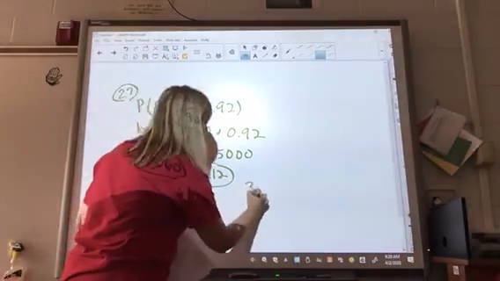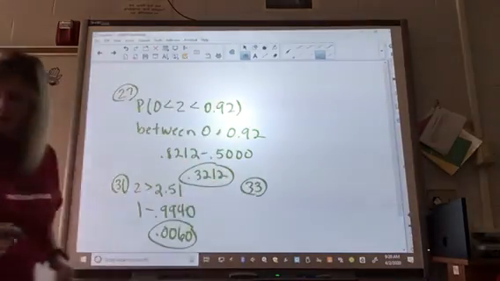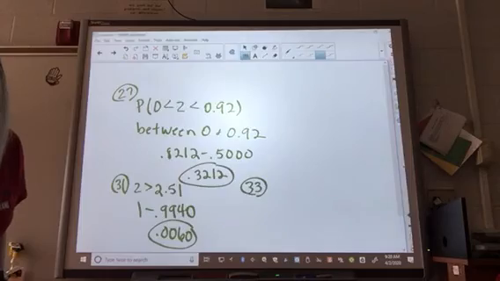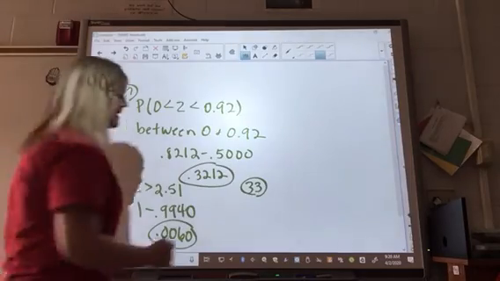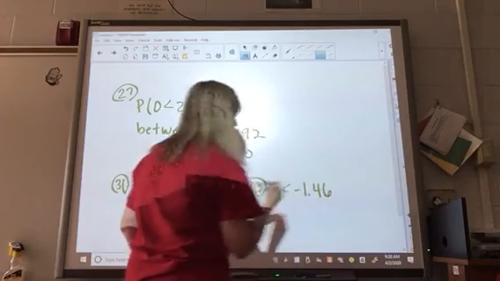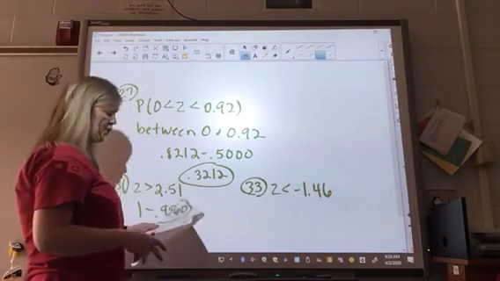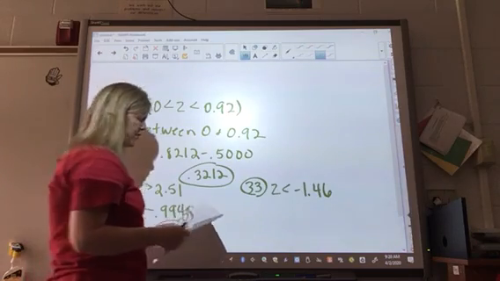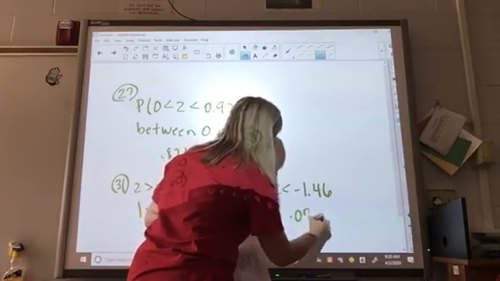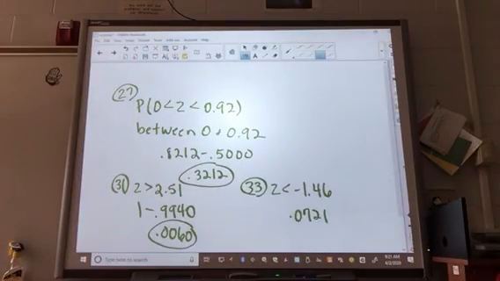Okay, and 33 says the probability that z is less than negative 1.46. Now the negatives are on the back. Less than is what the chart gives me. So 33's answer is 0.0721. Okay, that's it for that first section.